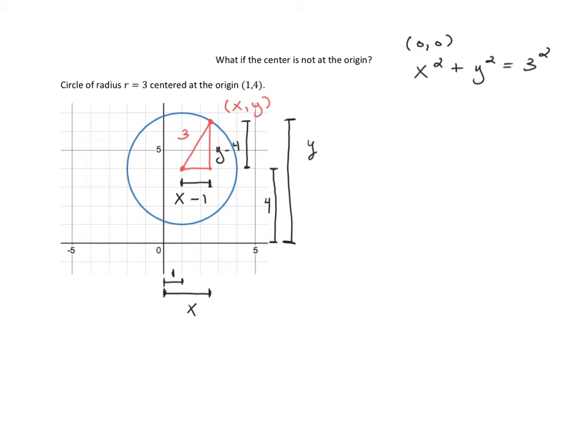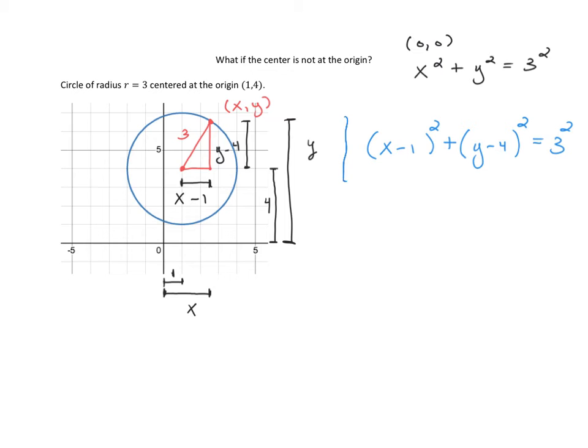If you plug all this information into the Pythagorean theorem, this side squared, that is (x minus 1) squared, plus the square of this side, which is (y minus 4) squared, is equal to the radius squared, which is 3 squared.